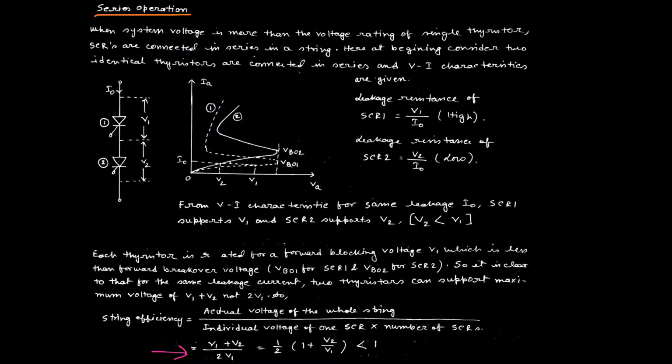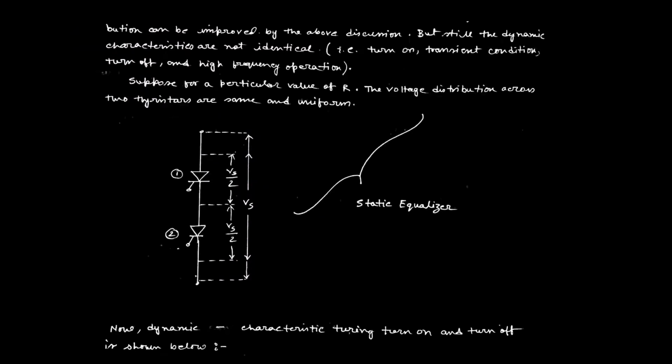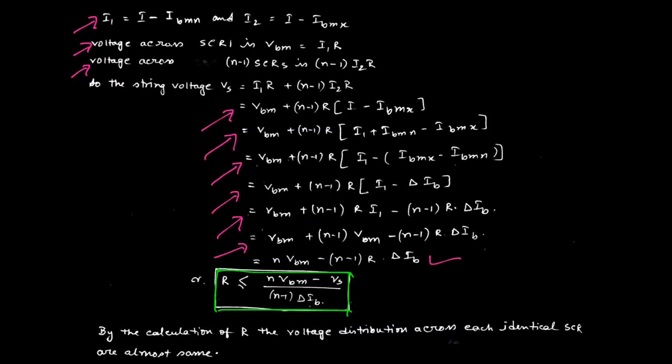But in this case, after using this particular amount of resistance across each shunt path, the voltage will be equally distributed across each SCR throughout the string. That is why in this slide we can say, by using this particular resistance value R, the voltage is equally distributed, means Vs by 2 and Vs by 2. So this design value of R, which I have calculated before, is N VBM minus Vs divided by (n minus 1) del IB.